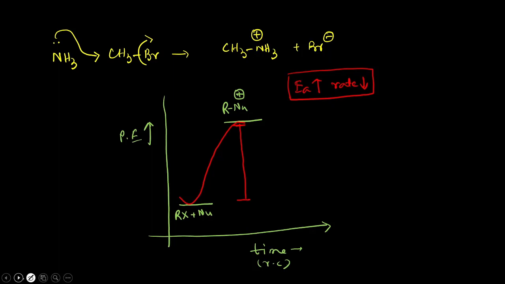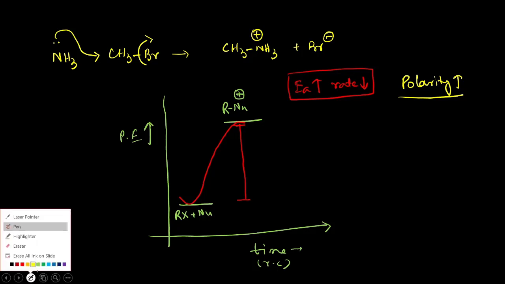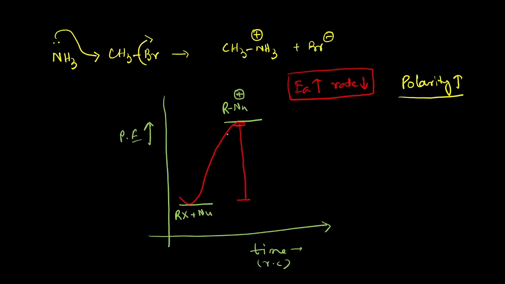Now if we increase the polarity of the system, if we look closely, the transition state is more polar than the reagent. So if you increase the polarity, the energy of the transition state will decrease, because it is more polar and will be more stabilized by the polar solvent.